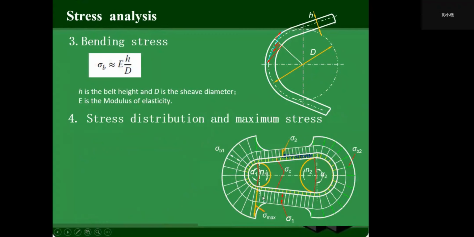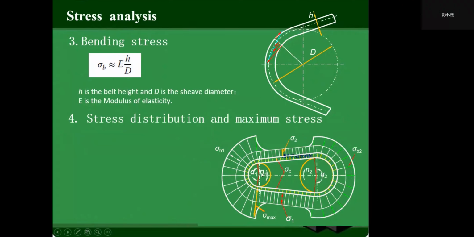For the tight side, the tensile stress is large, and for the slack side, the tensile stress is small. And this is the bending stress. We know that bending stress can use this to calculate.